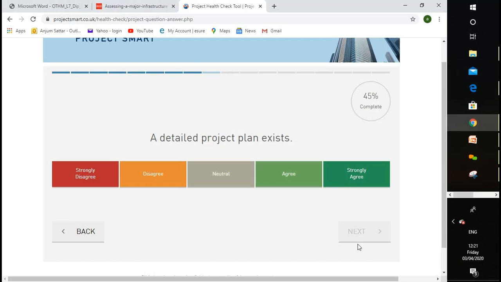Okay. A detailed project plan exists: what tasks, when and how, and who will be responsible for what? Agree. Okay. Milestones: we are aware of the milestones in the project. What are the key activities? Okay. There are sufficient resources available until the end of the project. Agree?